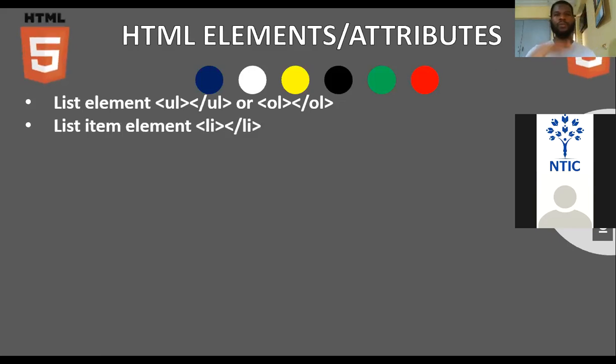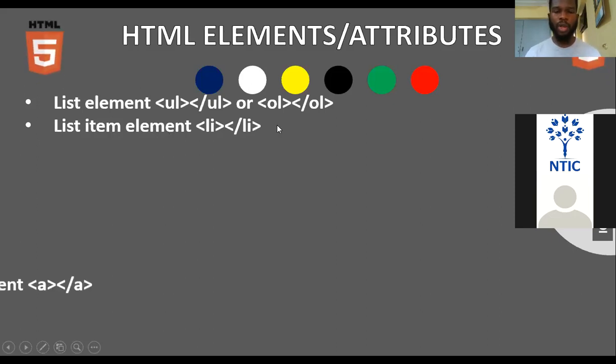When you have a list, you need to put items inside your list. So inside UL or OL, you have LI. LI means list item. This is your list element, either unordered or ordered, and this is your list item.